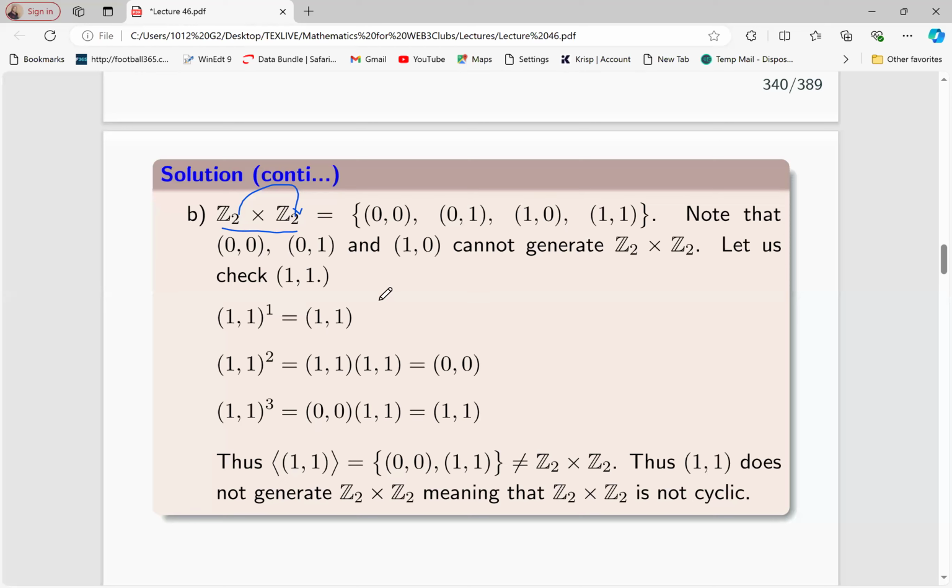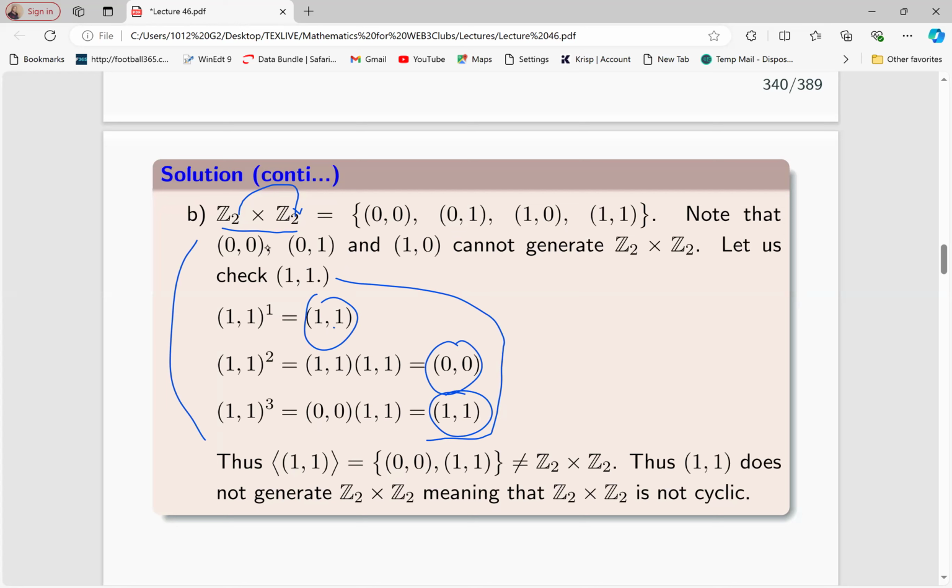But the other way that I used here, I tried all the elements to see which one will generate. Of course, (1,1) is supposed to be a generator. So I tried (1,1), and it could not generate all the elements. (1,1) just gave me this element, this element, this element, so they were repeating.